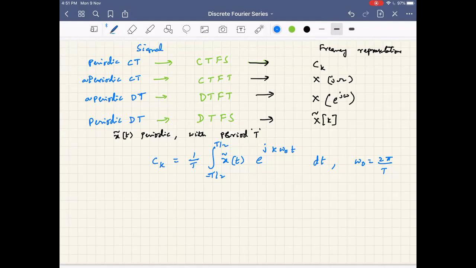And this is aperiodic, discrete coefficients, an aperiodic frequency domain representation.